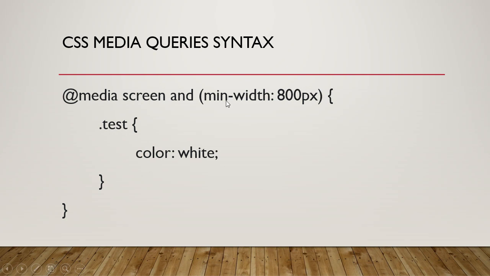Sorry, I meant this was max-width. We are saying this rule would only take effect if the device is 800 pixels and below. So the maximum device width that this would take effect on would be 800 pixels and below. So that is how media queries work.